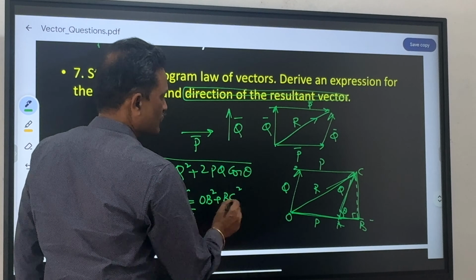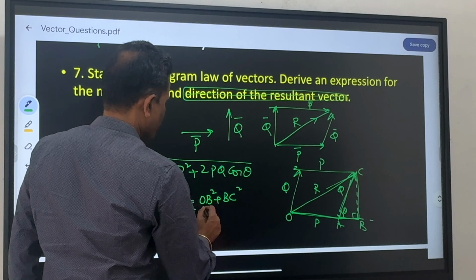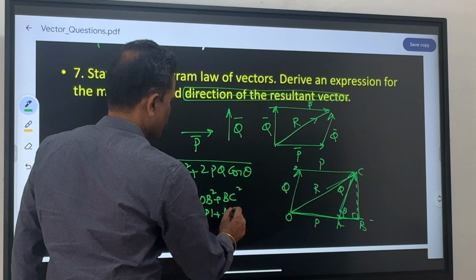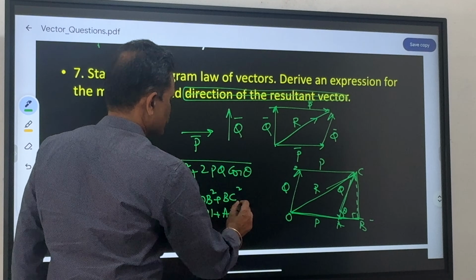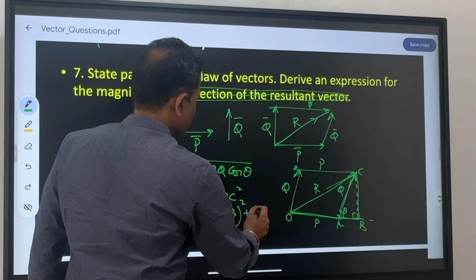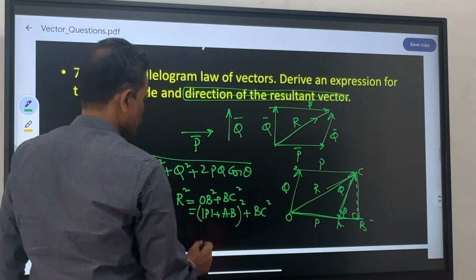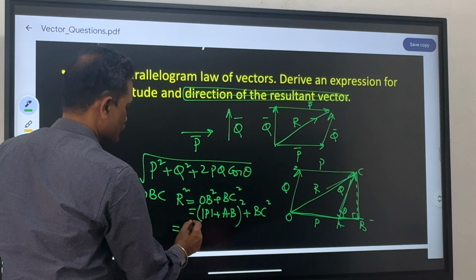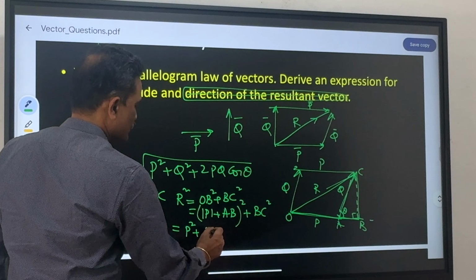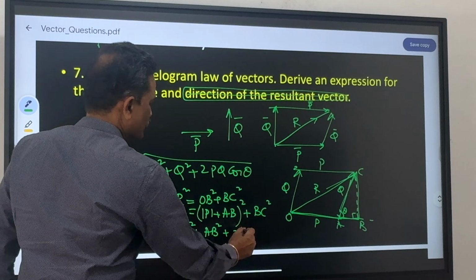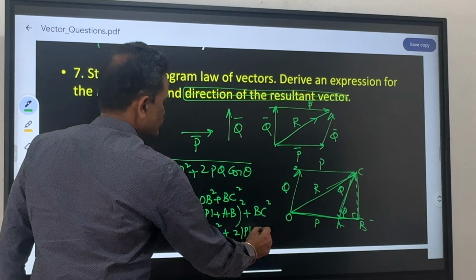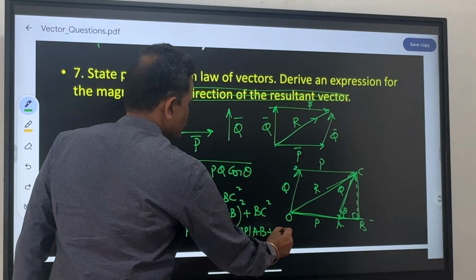So this OB square is nothing but mod P plus AB whole square. I don't know what BC square is. So this can be written as P square plus AB square plus 2 mod P AB plus BC square.